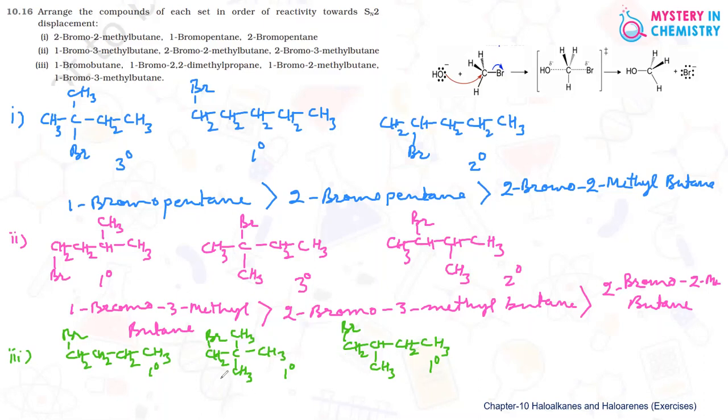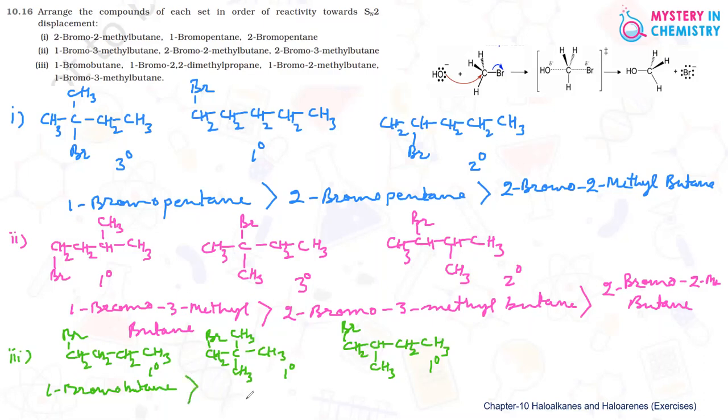less. So in this case, 1-bromobutane should have highest reactivity, so it goes first. So we can write 1-bromobutane. This should have highest reactivity.